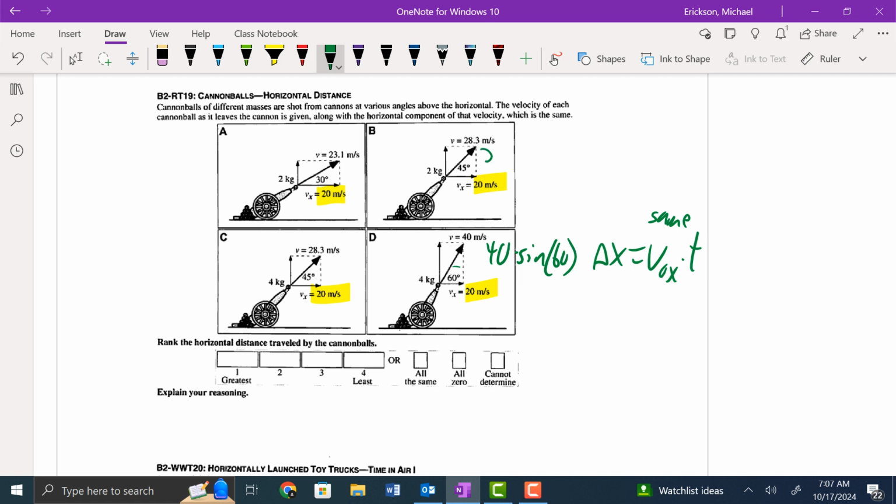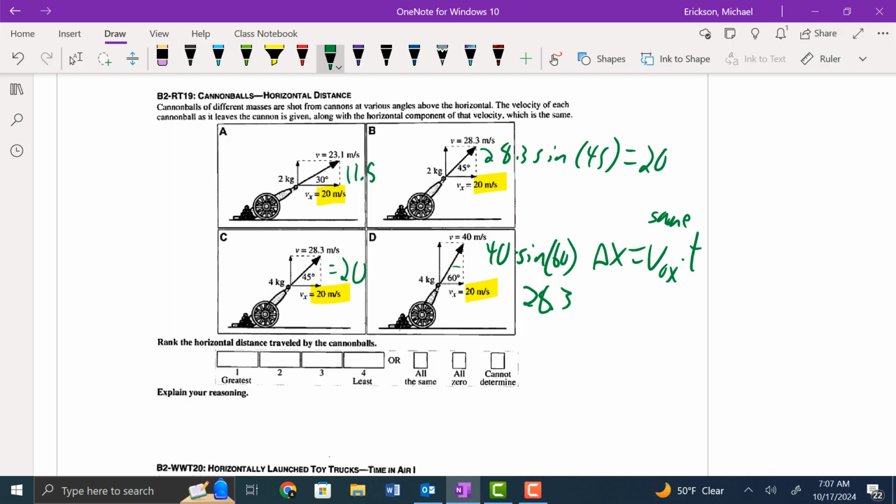So you do like 28.3 sine of 45. Actually, no, this one's 20, and I know this one's sine of 30. It's going to be half of 23.1. It's probably like 11.5 or something like that. So 11.5, 20. I think this one's like 28.3. And this one's also 20 because it's the same angle.